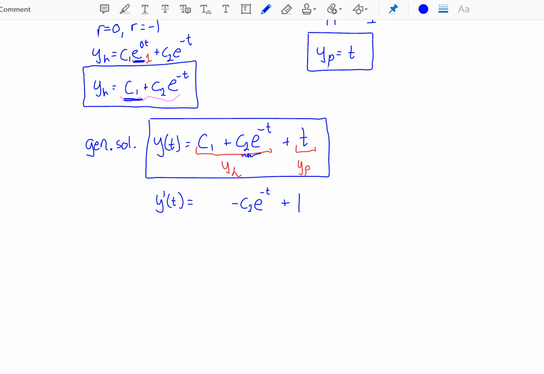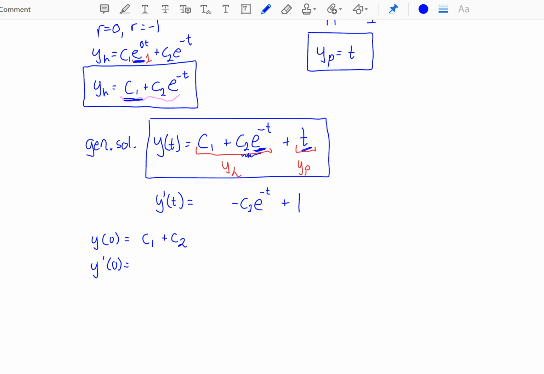Now evaluating at our initial conditions, we'll have y of 0 and y prime of 0. Of course, y of 0, when you plug in 0 for t, will give us c1. When you plug in 0 for t, e to the negative t becomes just c2.